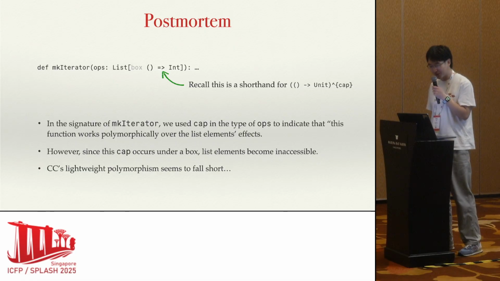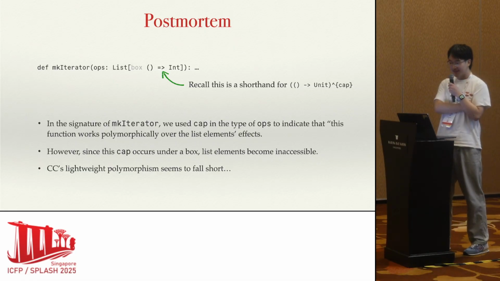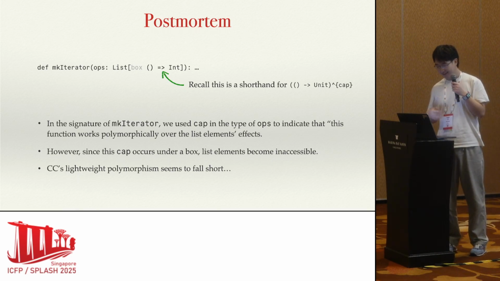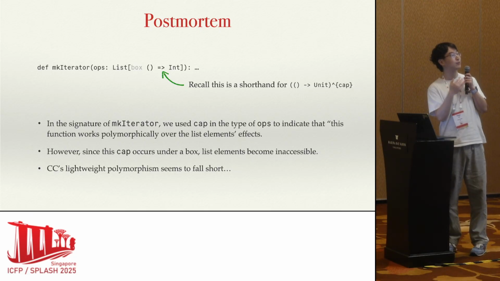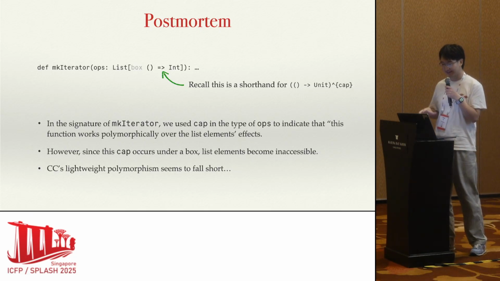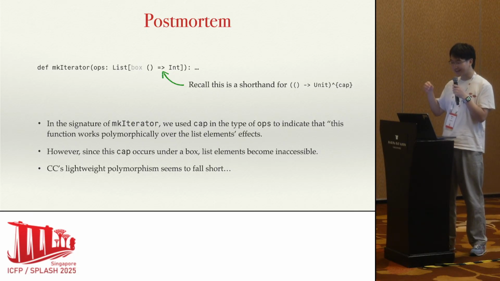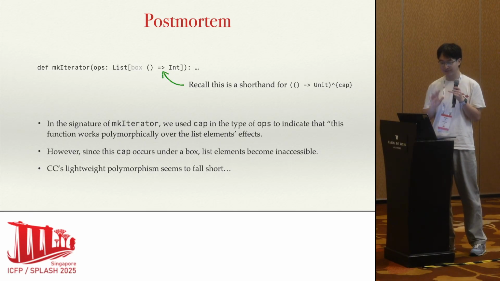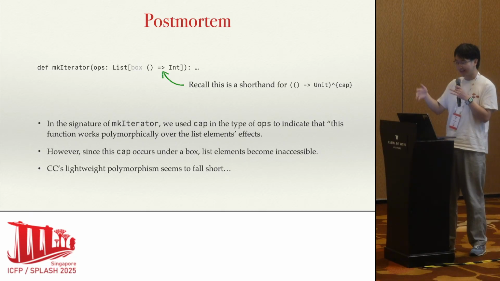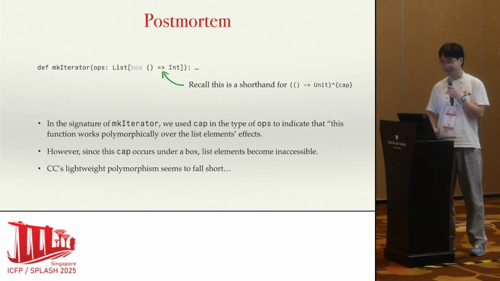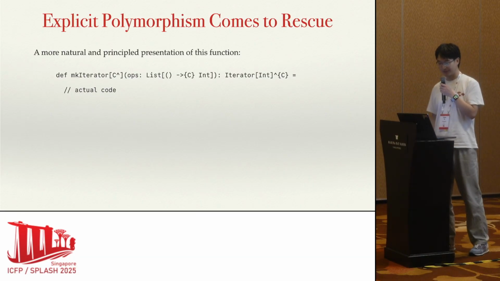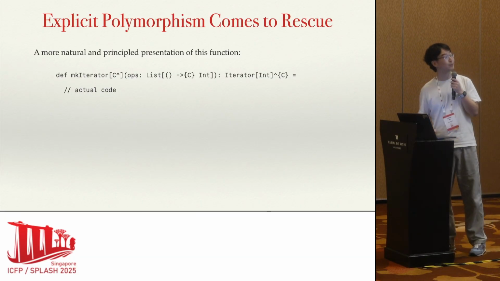So let's have a post-mortem of this failing example. The intention of this cap in the parameter is to convey that this make iterator function should be polymorphic over the effect under the boxes in the list. But because the cap occurs inside the box, this effectively prevents us from accessing anything inside the list elements. So it seems that CC's lightweight polymorphism is falling short. In fact, with explicit polymorphism, we can express this function in a natural and principled way.